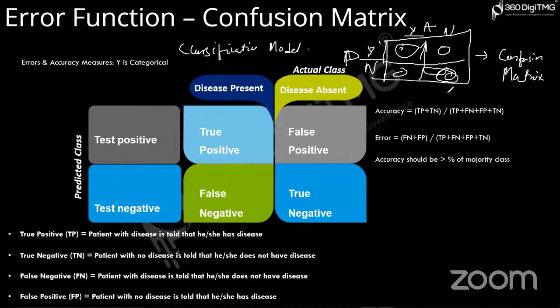So these two values, however we have captured them, give us the correct values. Once we have got this, we can find accuracy, which takes all the true values divided by the whole, meaning all the values. We can also find error, which is all the false positive, false negative values divided by the total.